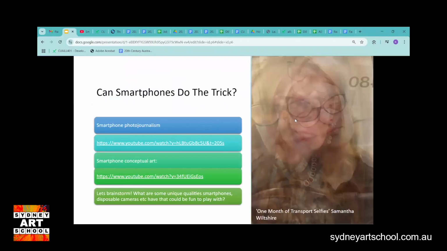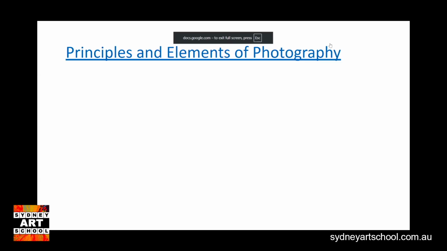All right. Let's have a little look at the principles and elements of photography. Now, the principles and elements of photography are also the same as the principles and elements of design. Because when we're talking about the principles and elements of photography or design, we're essentially talking about the abstract parts that make up a composition or a visual image.